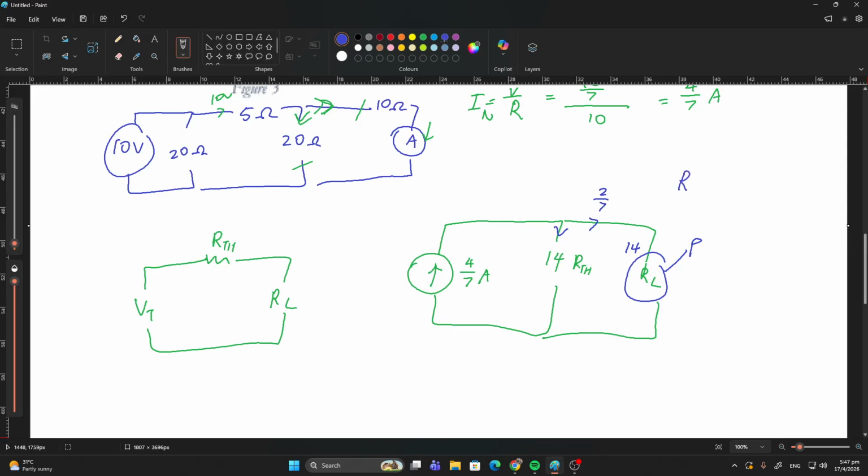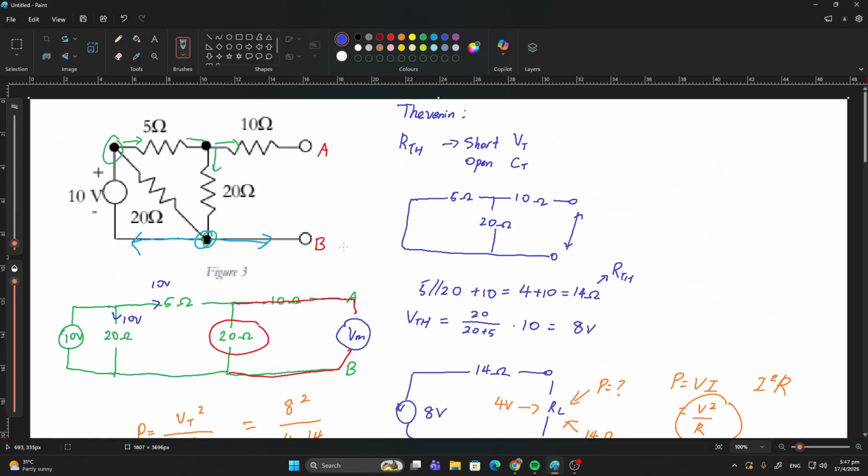So power equals I square times R, which is 2 over 7 square times 14. And I hope that I am correct. Yep. Oh, I pressed the eraser. 1.143 watts. And there you have it. This is how you solve to find maximum power, be it the Thevenin or the Norton method.